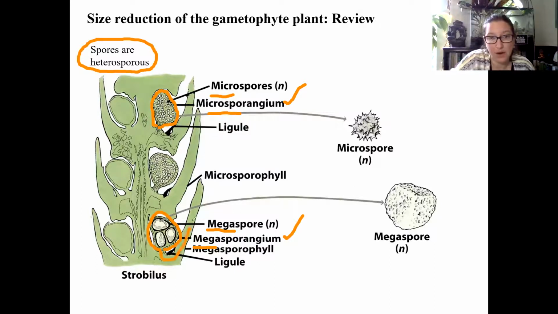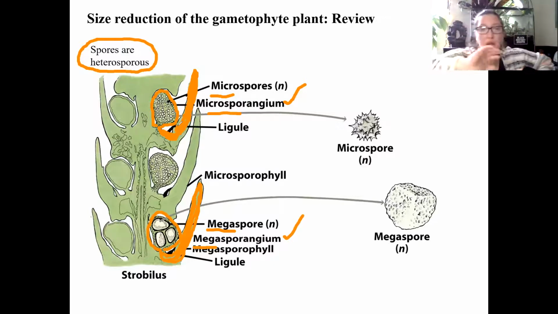So the leaf that bears this sporangia, remember this sporangia has in it megaspores, so we can call it a megasporangia. And likewise, we can call the leaf that it's on a megasporophyll. This sporangia up here makes microspores, so we can call it a microsporangium. And likewise, we can call the leaf that it's on a microsporophyll, right? The terms micro and megasporophyll will show up in subsequent lectures after the exam. So that's why I'm really pointing them out here.